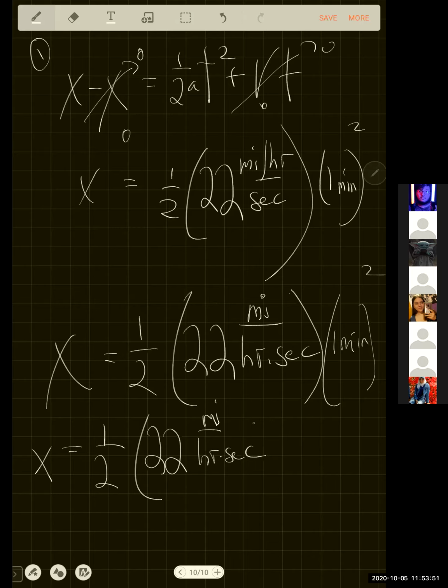If I multiply that by 1 hour over 60 minutes, I will get rid of the hours and I'll have minutes in the denominator. That's how I can convert that hour unit into a minute unit. And now instead of having hours, seconds, and minutes squared, I have minutes, seconds, and minutes squared.